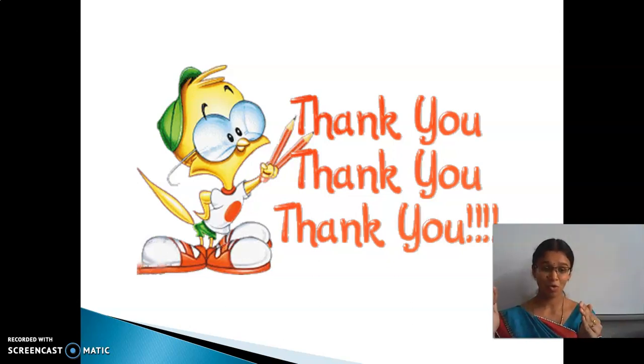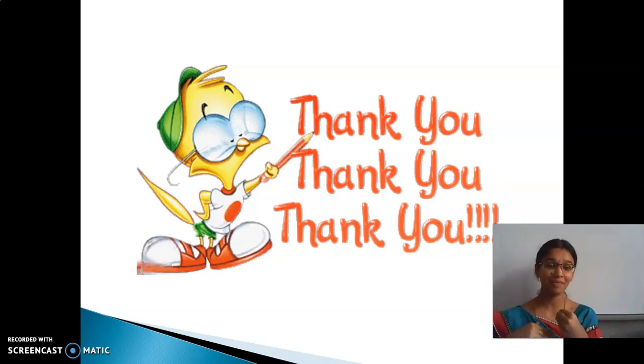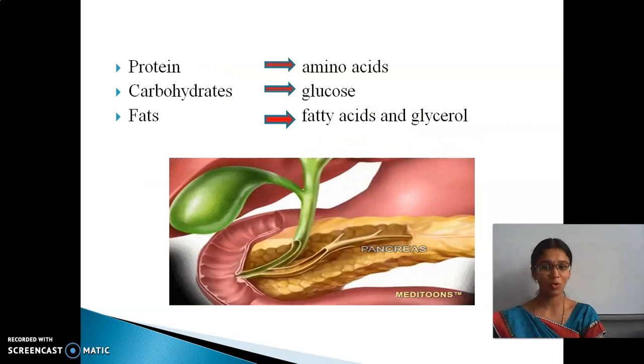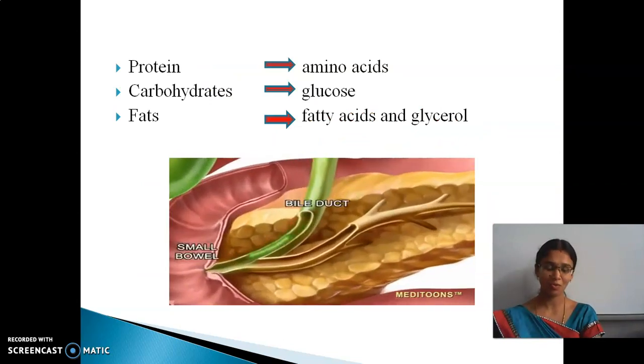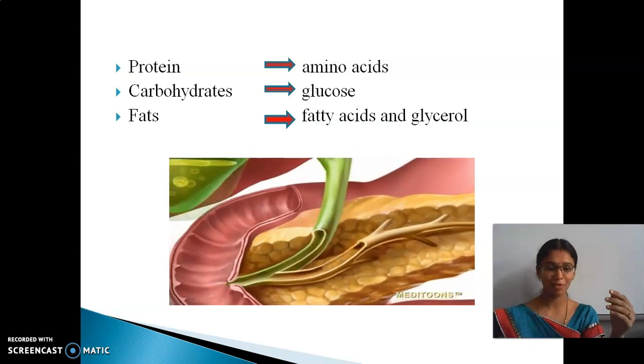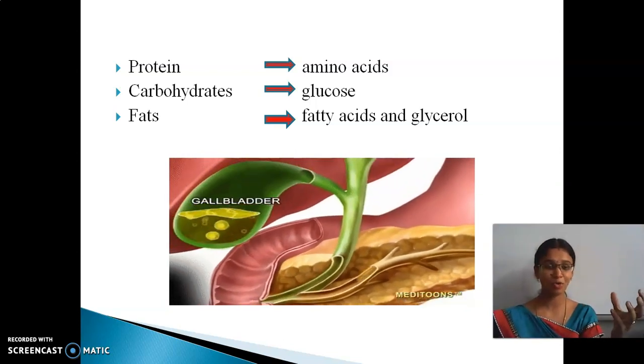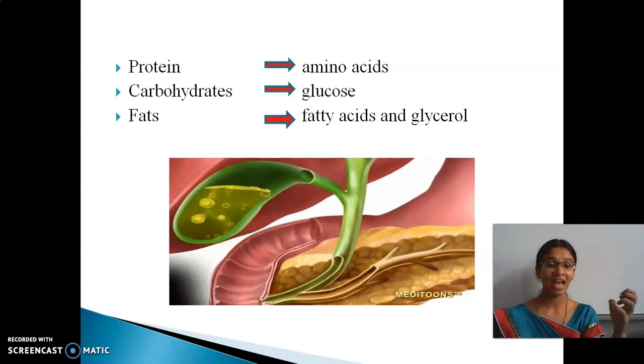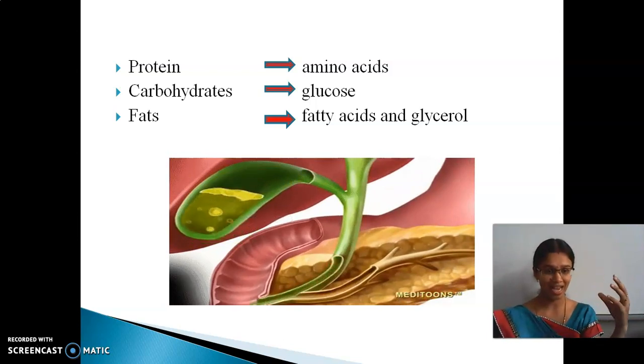We have seen the process of ingestion and then digestion. So ingestion is completed and the digestion process is also completed. Yes or no? Yes. So in the next class we will be seeing about the remaining processes such as absorption, assimilation and egestion.